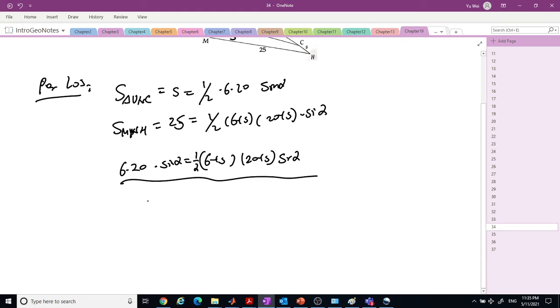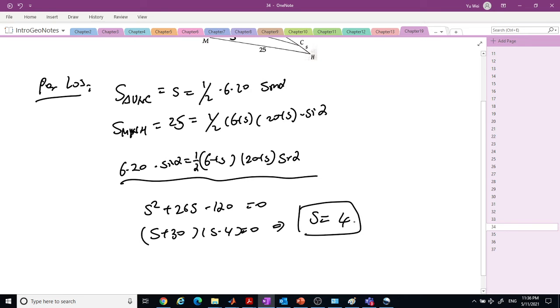So S squared plus 26S minus 120 equals 0. So (S plus 30)(S minus 4) equals 0. So S equals 4.